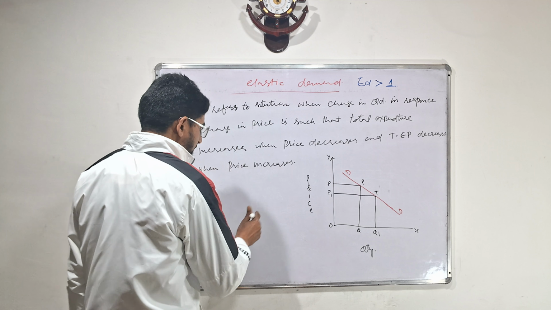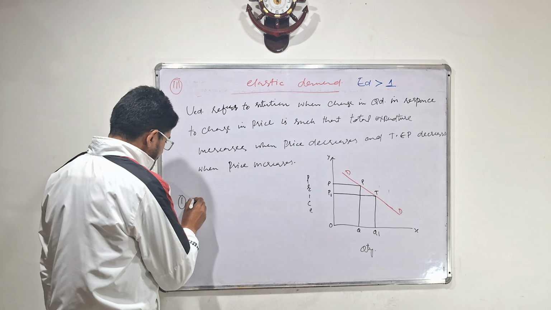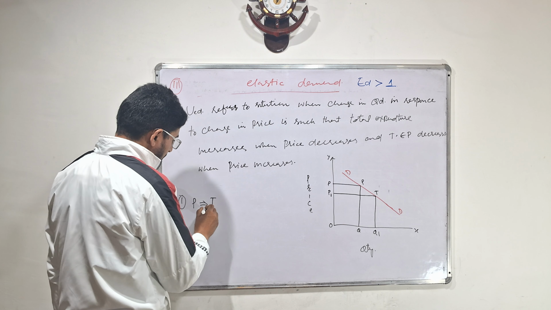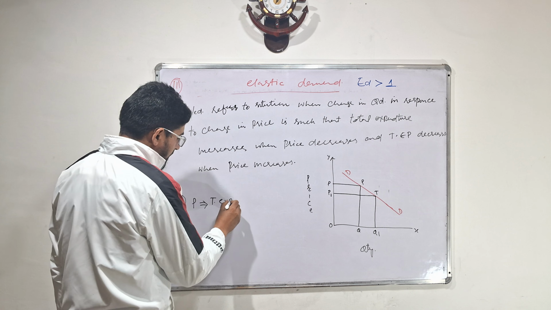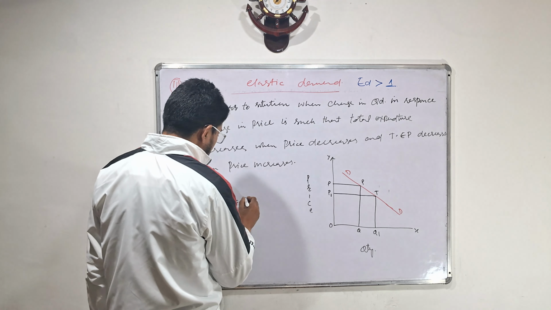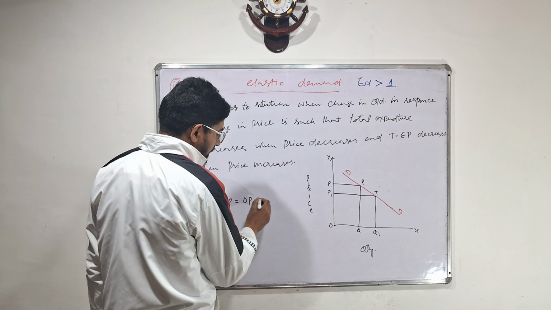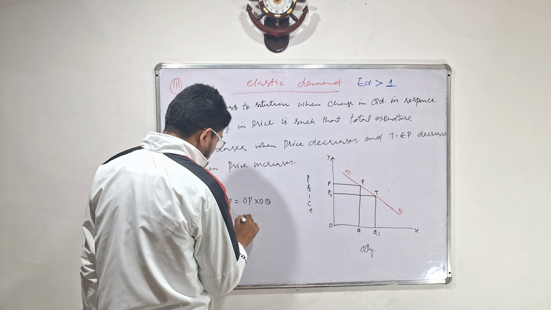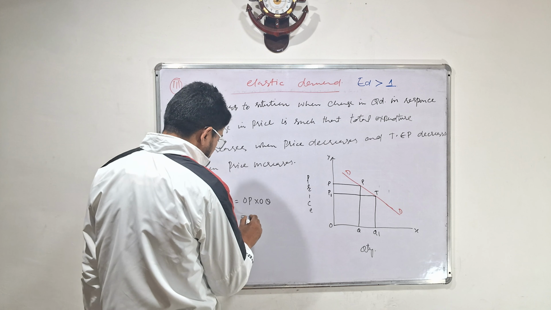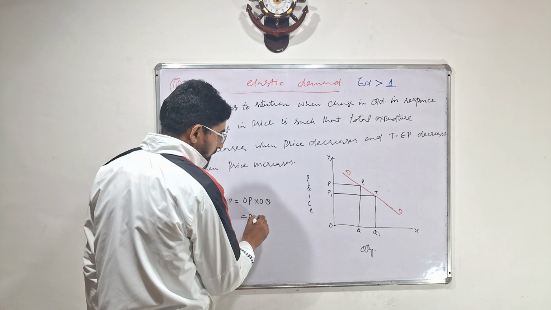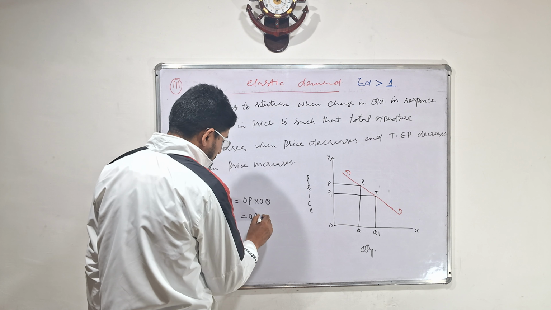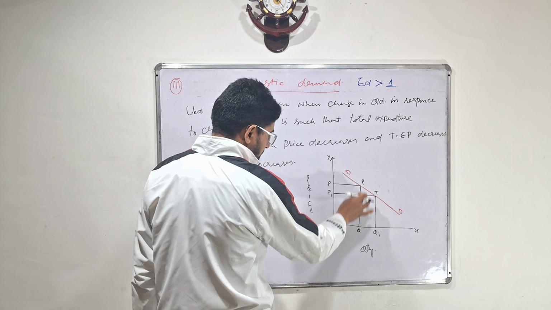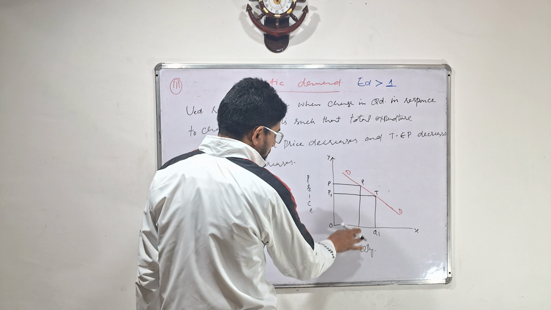I will show this. At price P, what will be the total expenditure? Total expenditure will be equal to OP multiplied by OQ, which is the area OPQ.